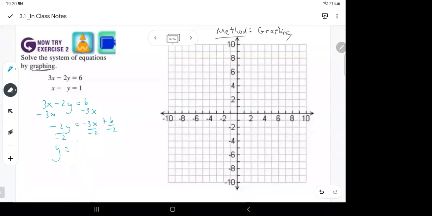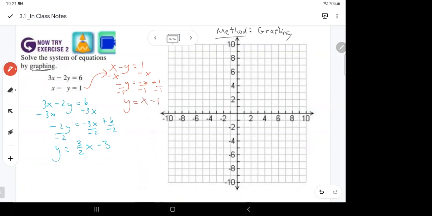That gives us y equals 3/2 x minus 3. Okay, and then I'm going to find the other one before we go ahead and solve onto the graph. So that will be x minus y equals 1. Subtract x on both sides. We get y equals x minus 1. Let's do that one first.